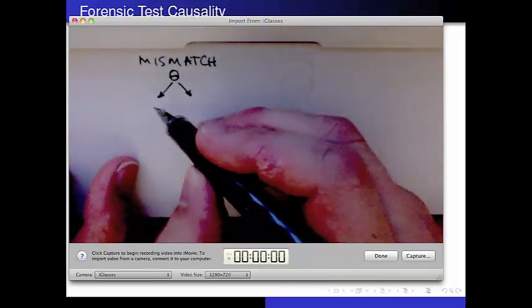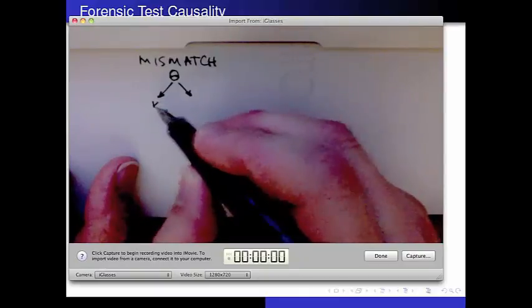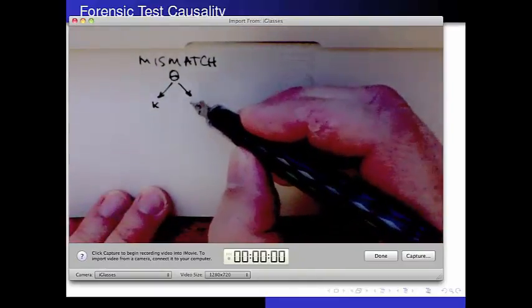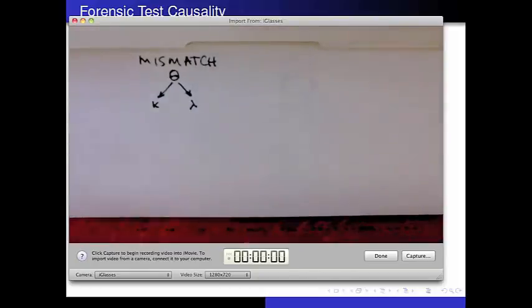And I'm going to continue to use Greek letters here. Let's say kappa and lambda representing the copy number for that polymorphic marker in that individual.